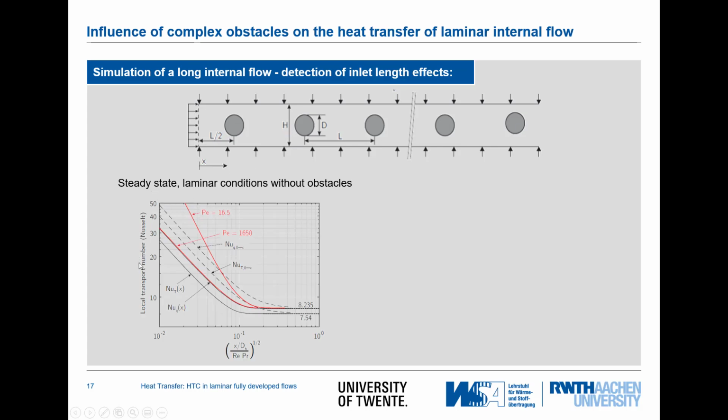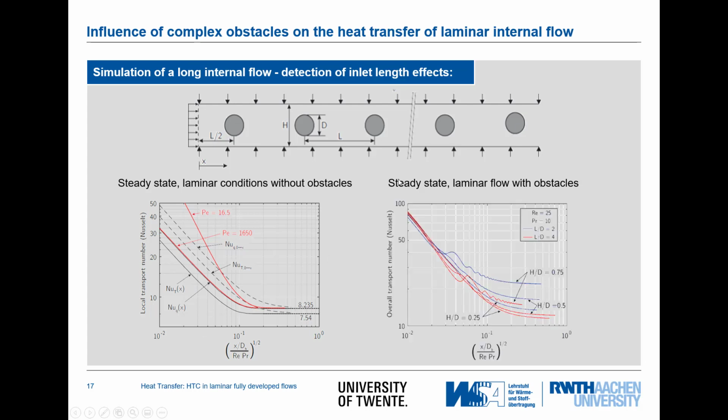We have seen that if there are no cylinders present, the heat transfer coefficient drops linearly on the logarithmic scale and then approaches a constant value. If we look at the case that we have those cylinders placed in between, we see a similar behavior. First of all, there is a drop in a linear region, and then finally it approaches a constant value.